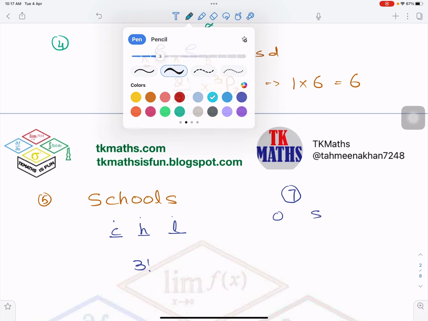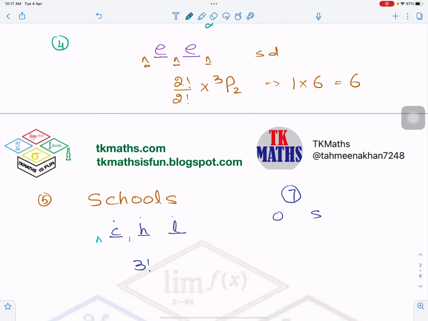What about O and S? They will be separated if they come in between, or in the beginning or end. So how many positions are there for O and S so that they are separated from each other? 4 places. Out of these 4 places, all of them will come. But the problem is that there are 2 O's which are identical and 2 S's.